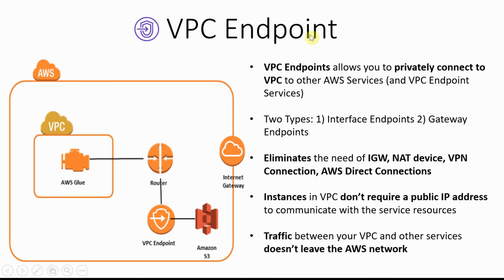If you don't have a VPC endpoint, the other way is to go out over the internet and then talk to S3, for example. S3 is another product of AWS.